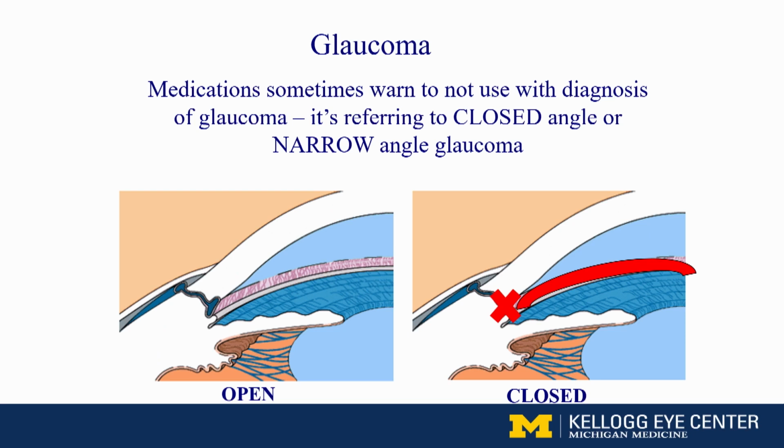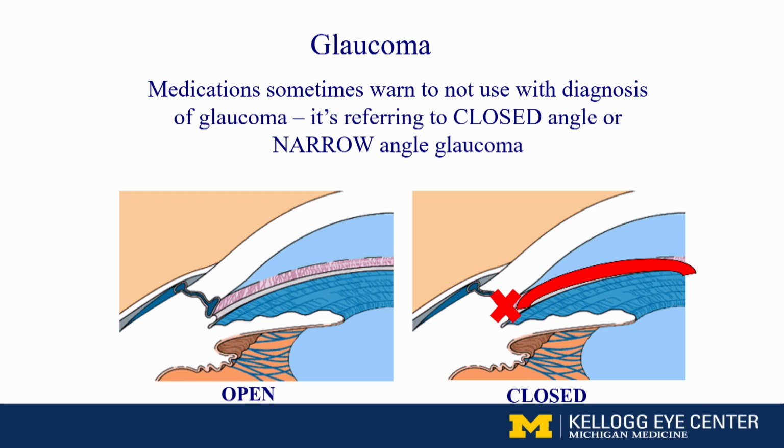So I did want to touch on this because if you read your medication insert, you'll have read this. Medications sometimes warn that you should not use the medication if you have the diagnosis of glaucoma. But actually, it's not every kind of glaucoma. It's a specific kind of glaucoma called angle closure or narrow angle glaucoma.